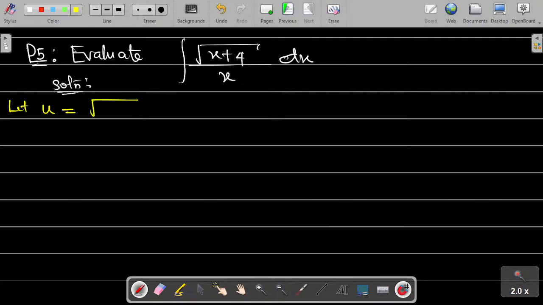This time around we are not making u what is under the square root, we are picking the whole of the square root, and from here if the square root crosses over, you get u squared is equal to x plus 4. And then that is not all. From there you can make x the subject and you get u squared minus 4. So with this we can rewrite this integral so that all of it will be in terms of u and there will be no radical.